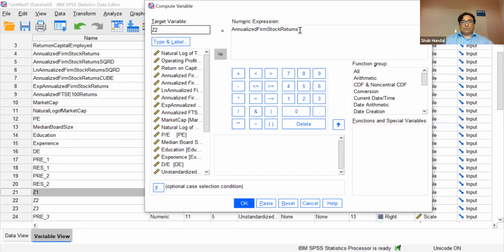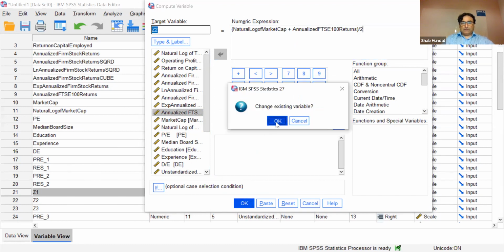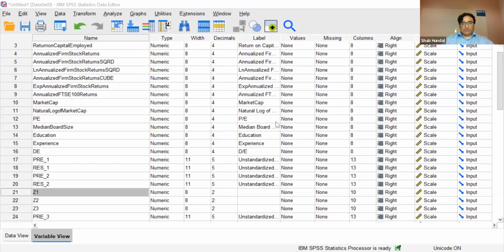So if I have only natural log of market cap, yeah, and then the annualized FTSE comes here, and then divide by 2. And we have now the third variable.